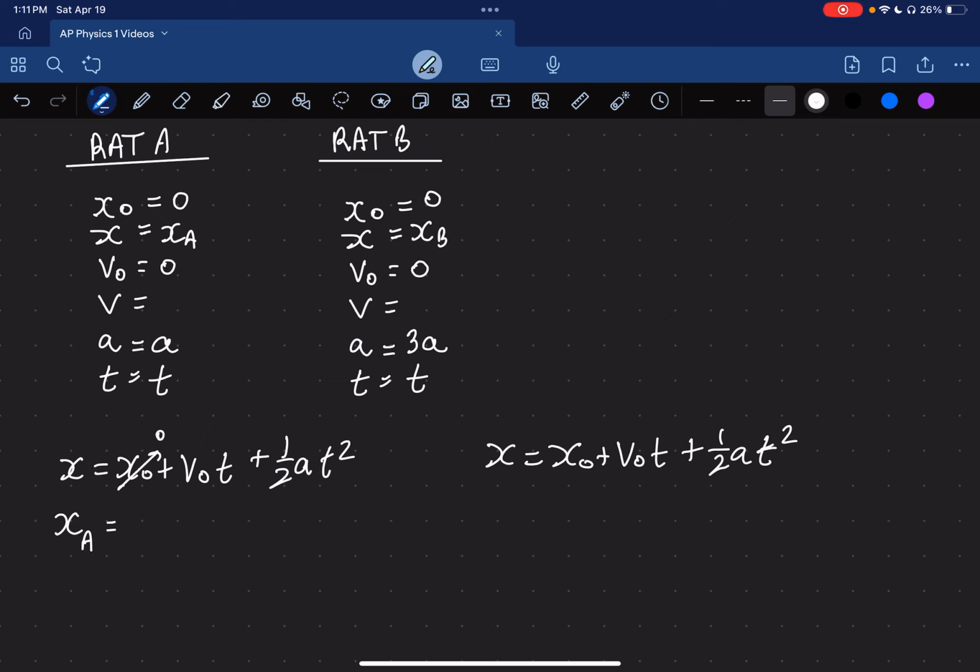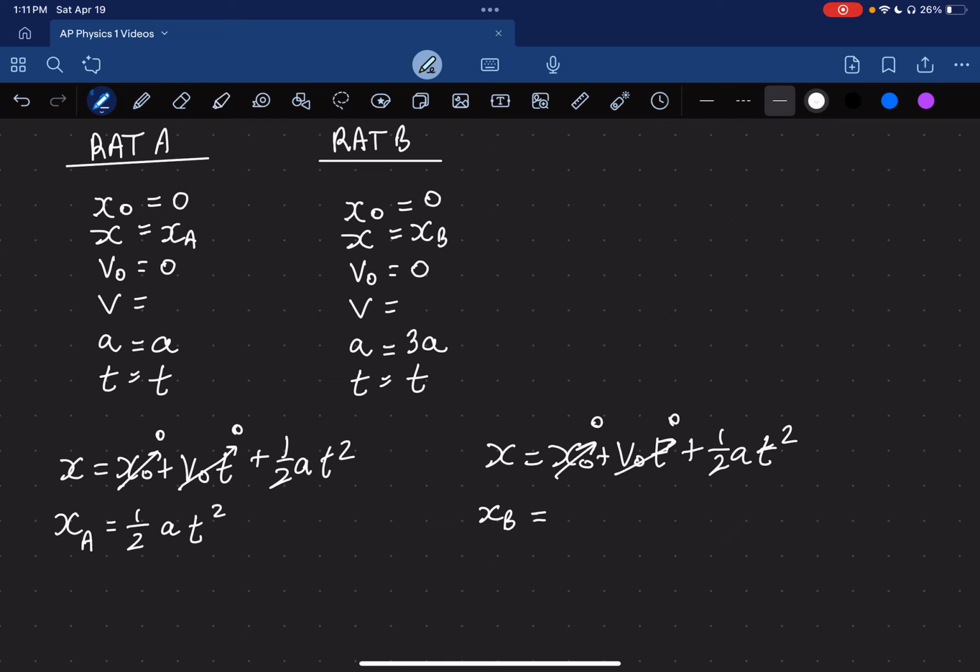X naught is 0. V naught times T, well, V naught is 0, times T is 0. And so we're left with 1/2, the acceleration of rat A is A, and the time it took rat A to get there is T. Well, we're going to have to square it. And let's do the same thing with rat B. Replace X with X sub B. X naught is 0.